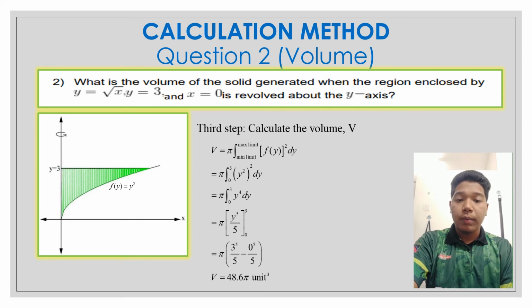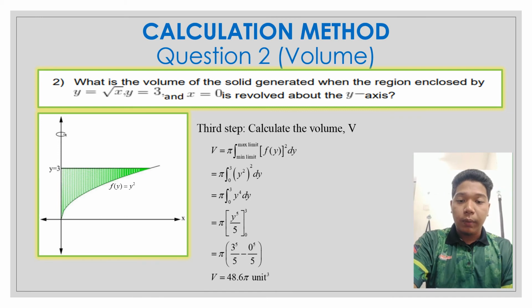The third step is to calculate the volume. The formula is V equals pi times the integral from the minimum limit to the maximum limit of f(y) squared dy. So pi integral from 0 to 3 of y squared squared dy, which becomes pi integral from 0 to 3 of y to the power 4 dy.